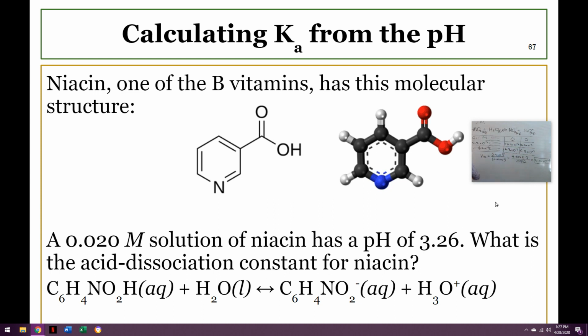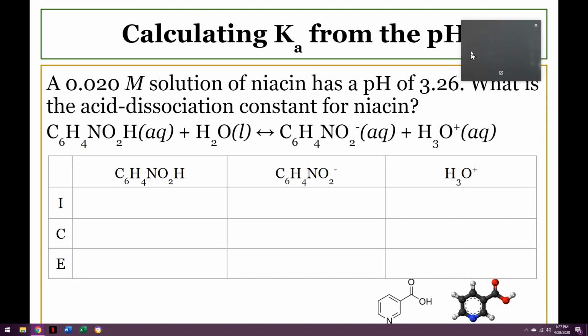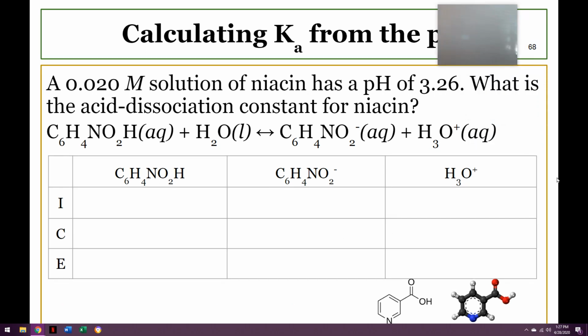All right, so we need to solve this problem. Let's go ahead and write this out. We still need the ICE table here because we need to find the Ka of our niacin. Let's go to the next slide. I have our ICE table written out here. So we have the problem written out, and we are not going to include water in our ICE table. So initially at the very beginning, what concentrations do we have?